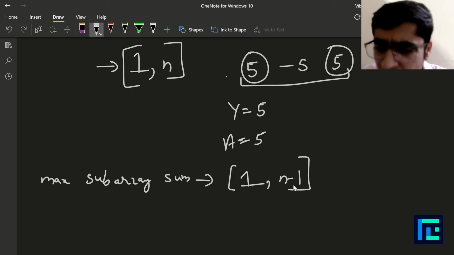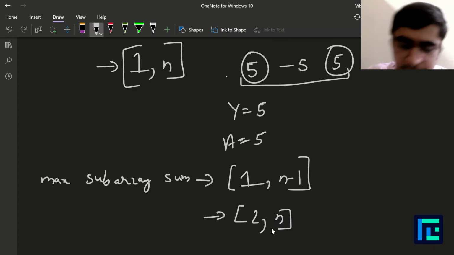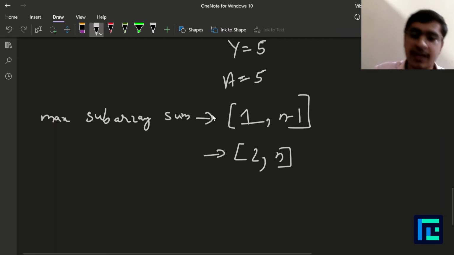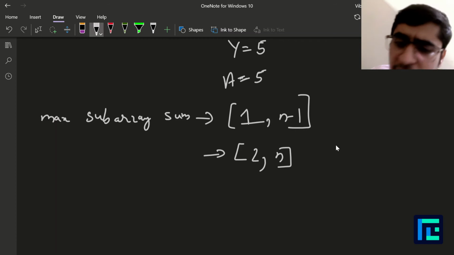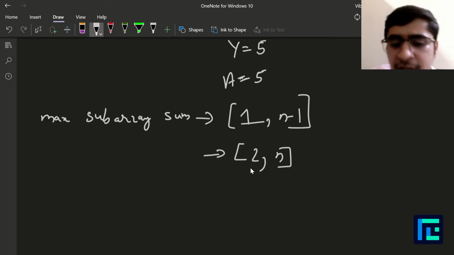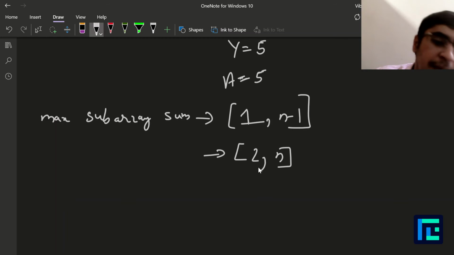First we will calculate it for 1 comma n minus 1, and the second time we'll calculate it for 2 comma n, considering one-based indexing. The first time we take all values except the last value, and the second time we take all values except the first value. Like this, we are covering all the possible subarrays that Adel can choose, right?